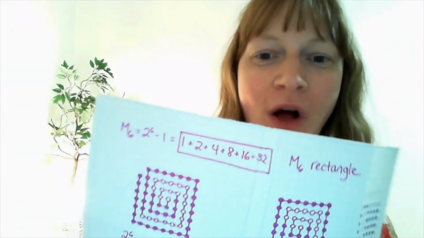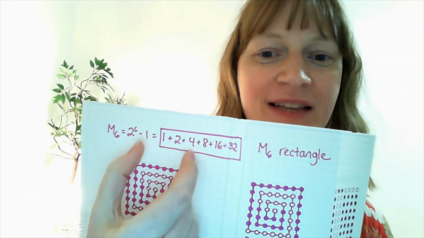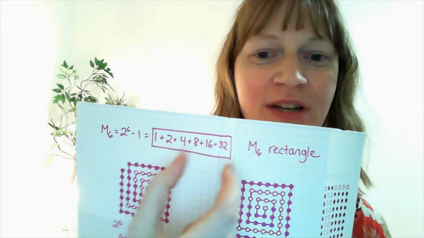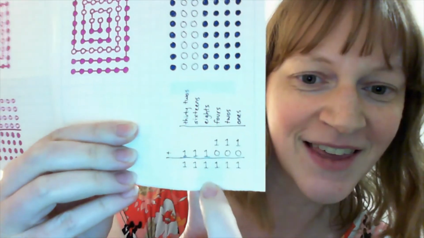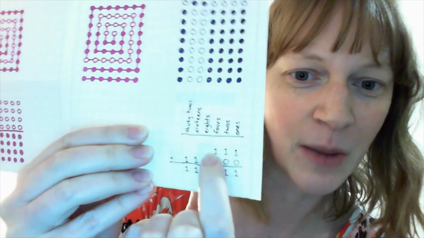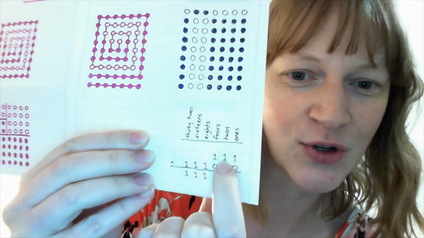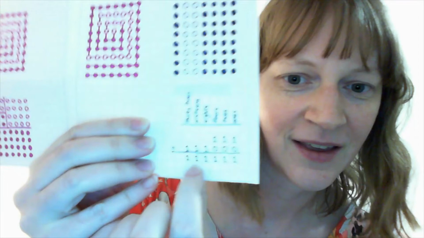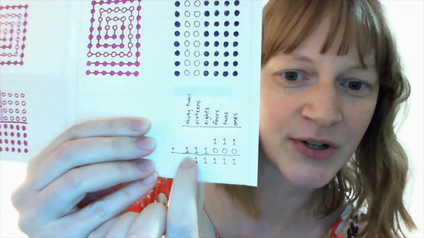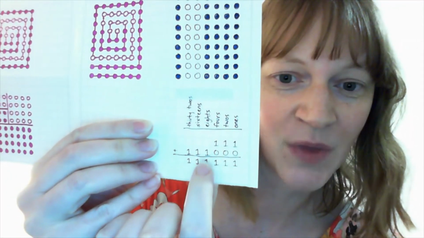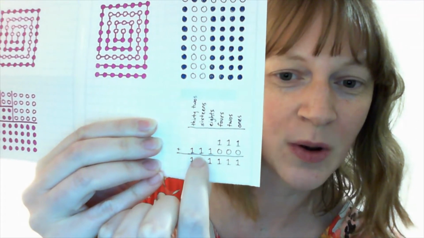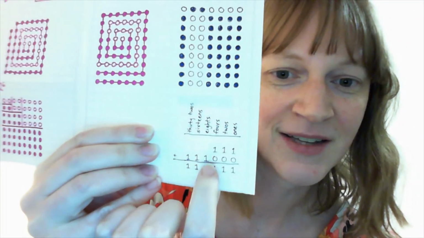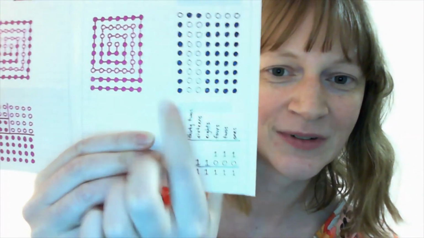And we know it will always work because we can split the binary representation into 2 groups just like this. Here are the smaller numbers, 1 plus 2 plus 4 up here. And then here are the larger numbers, which are just 1 plus 2 plus 4 times 2 times 2 times 2. And here they are.